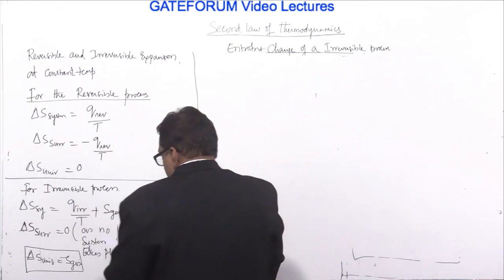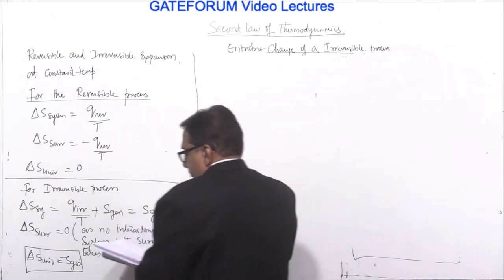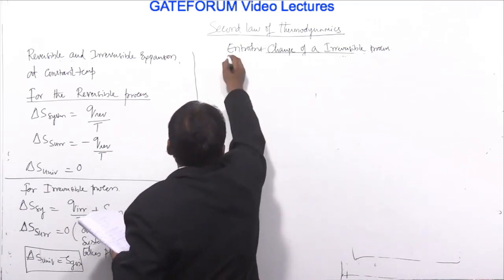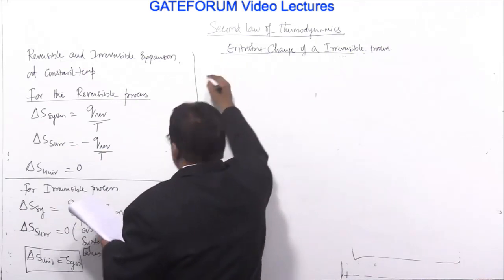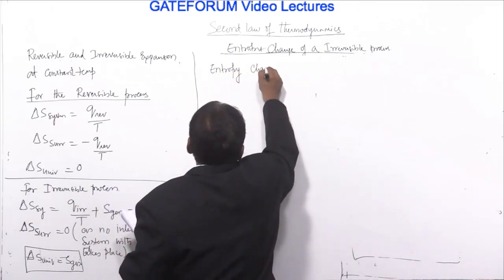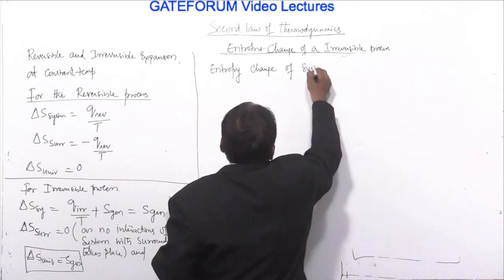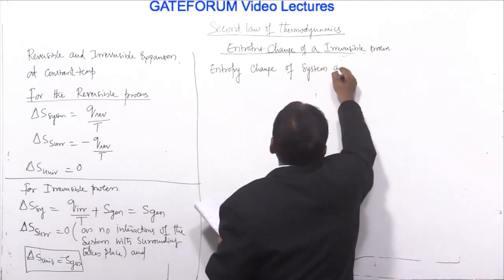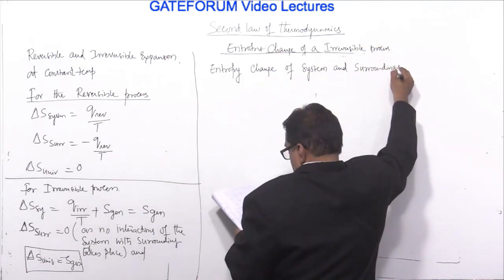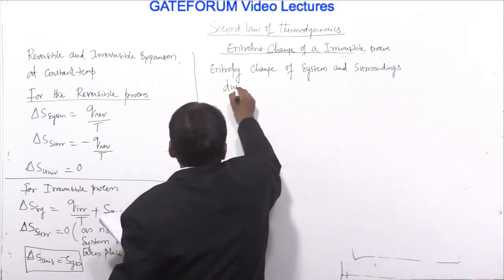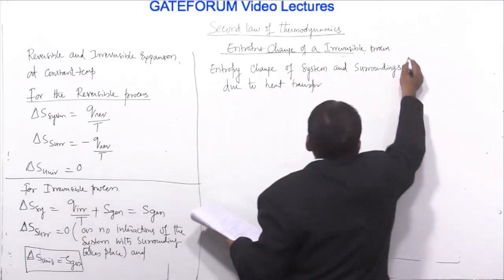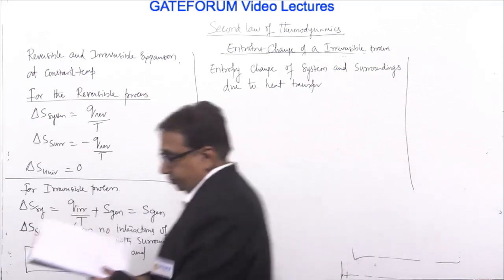So a combined one I can give to you, so that it will be easy for you, in terms of a table. That's what we have discussed now. Entropy change of system and surroundings due to heat transfer.